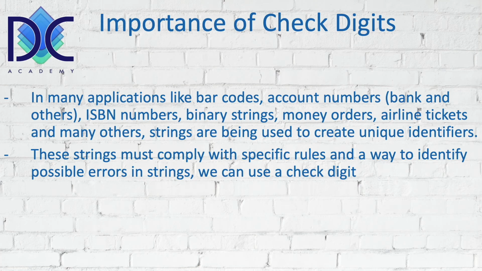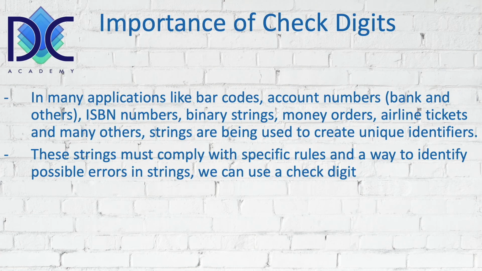So basically we have a set of numbers plus one additional number. The first set of numbers, except the last one, is in fact the identification of the product or the book. The check digit is added there to verify if that number complies with a specific rule.